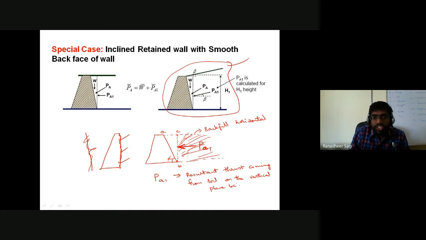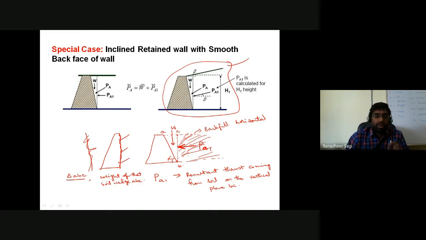If you look at this triangle ABC, I have some weight of that soil wedge or soil block ABC. I am going to represent the weight of that soil wedge as W. Now I know there are two force components to be represented on that inclined surface.